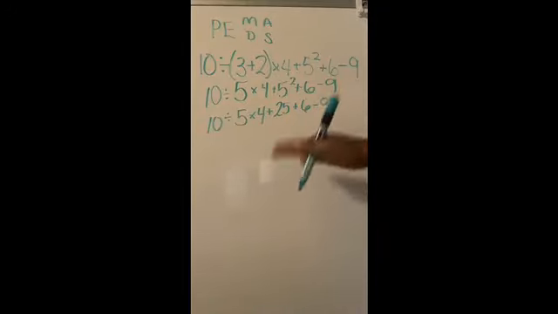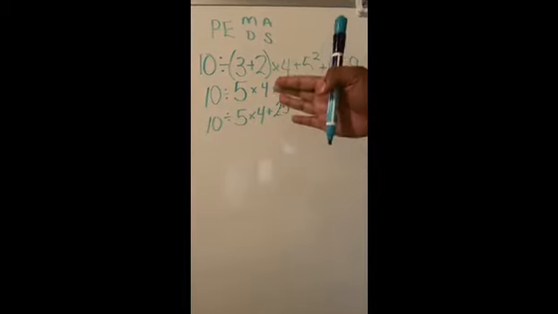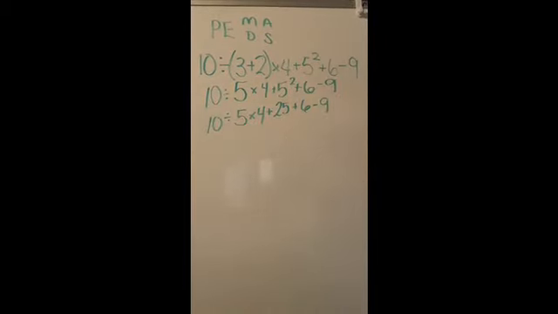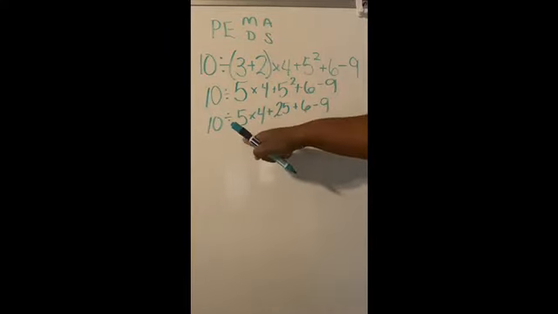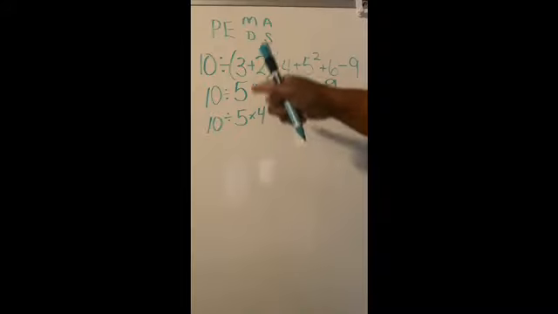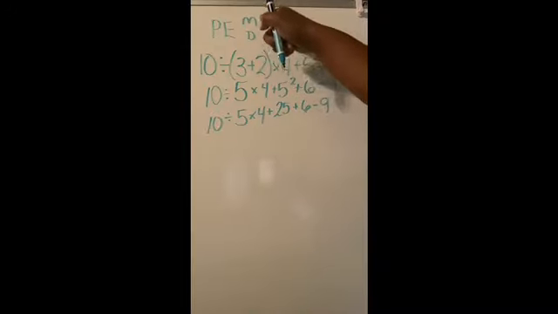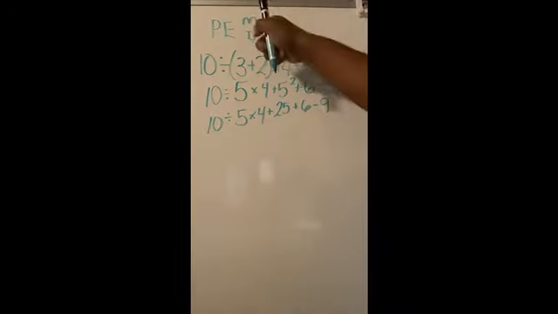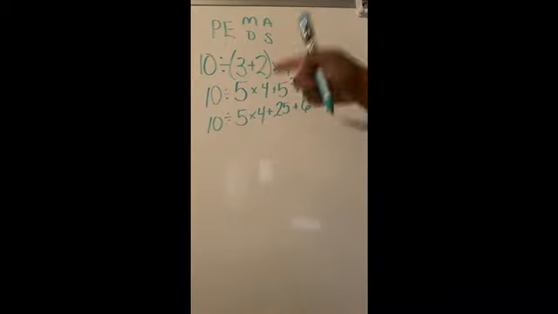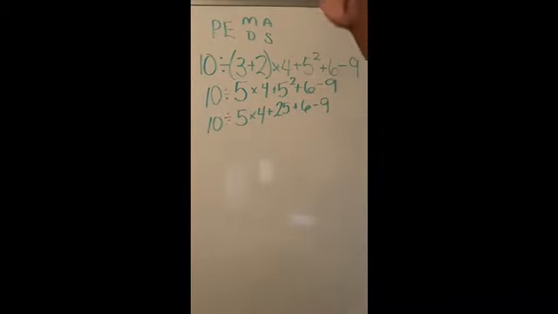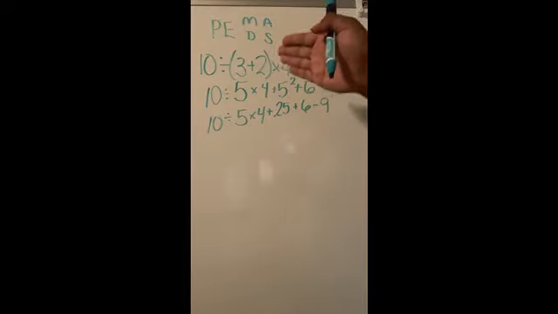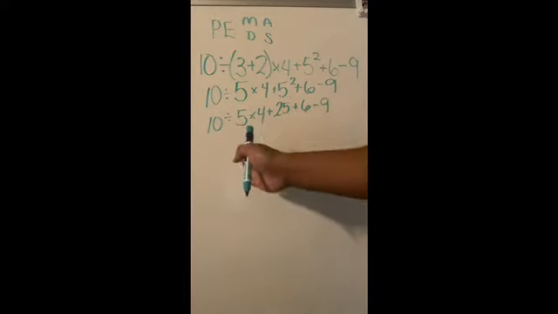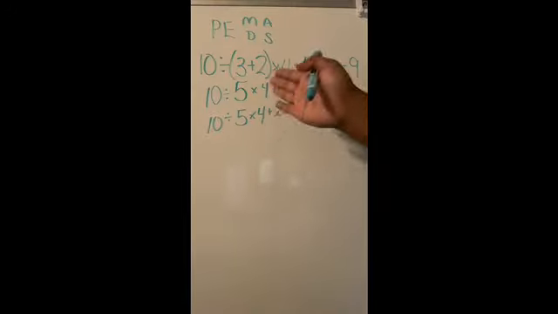Okay, now this is when it gets a little tricky for most of our kiddos, because they don't know if I'm supposed to multiply first, am I supposed to divide first? How does that work? When you are doing multiplication, division, adding, and subtracting, they say do it whichever one comes first from left to right. So the first thing that is first is dividing, which is perfectly fine.